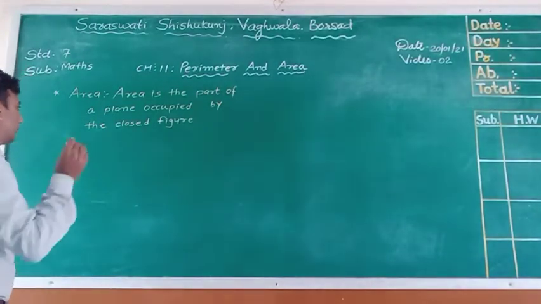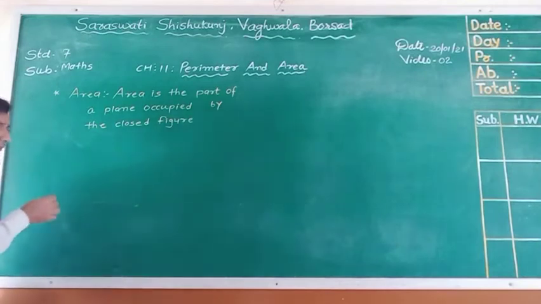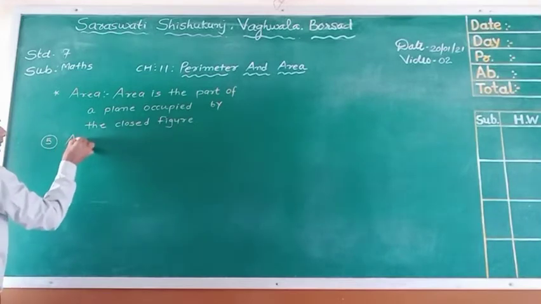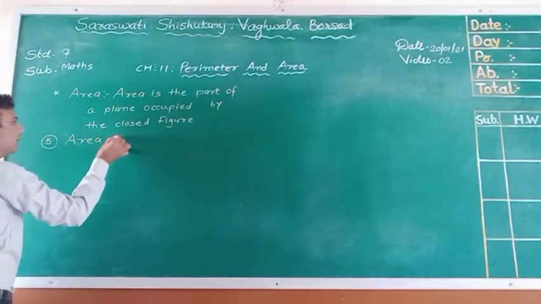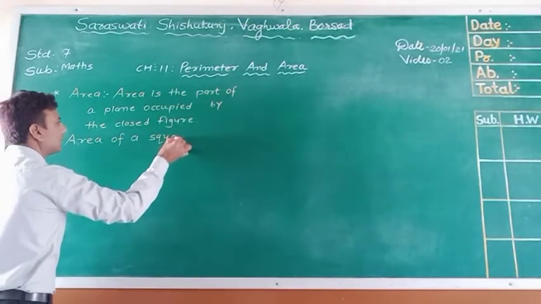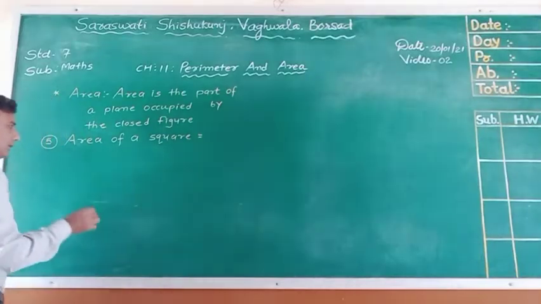Suppose first we take a square. See, formula number 5: area of a square equals, see.